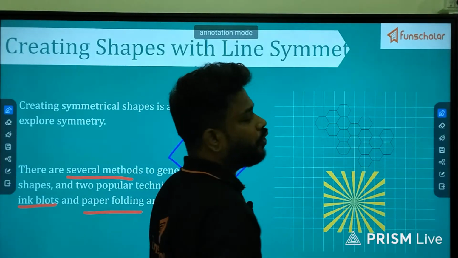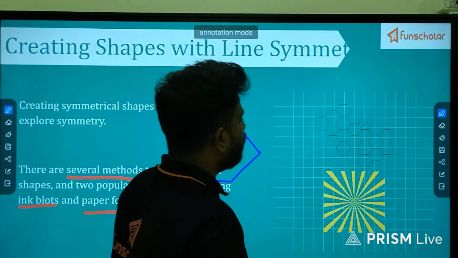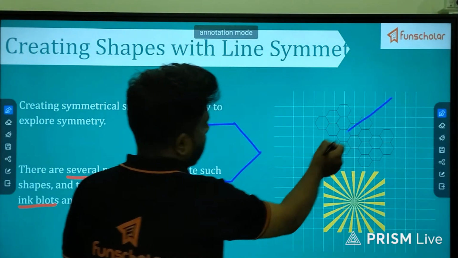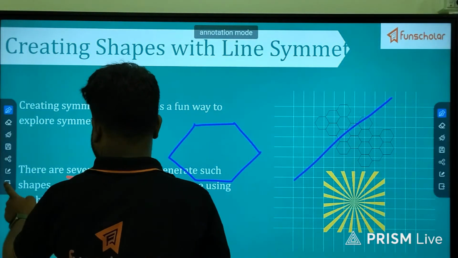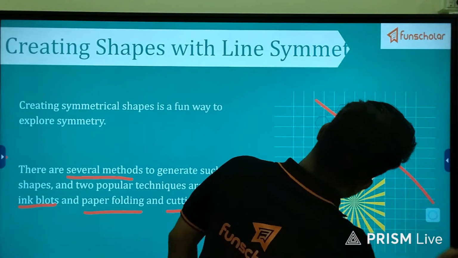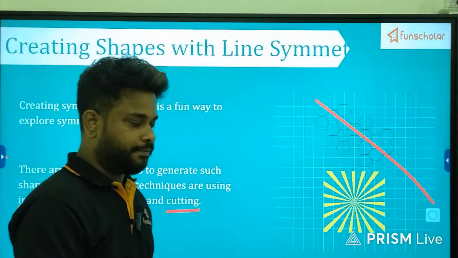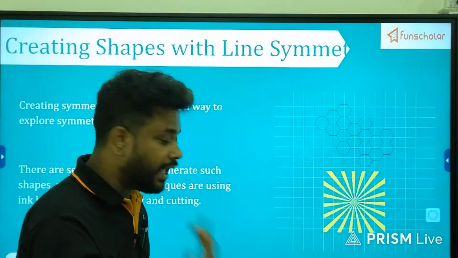If we want to draw the line of symmetry to check whether the figure is symmetrical or not, we have to take it from the middle here, or we can take this from here. Okay, so this will be like this.